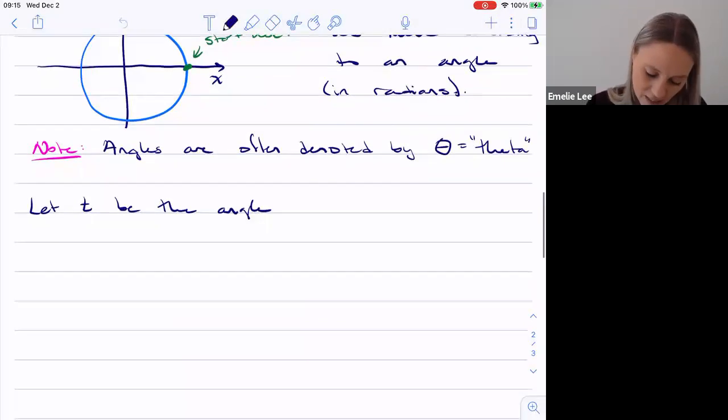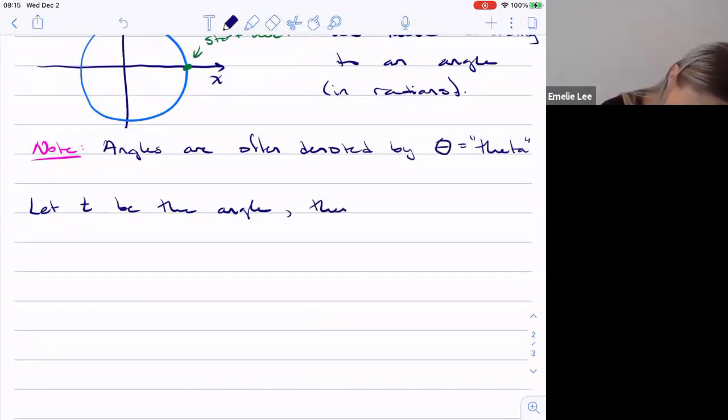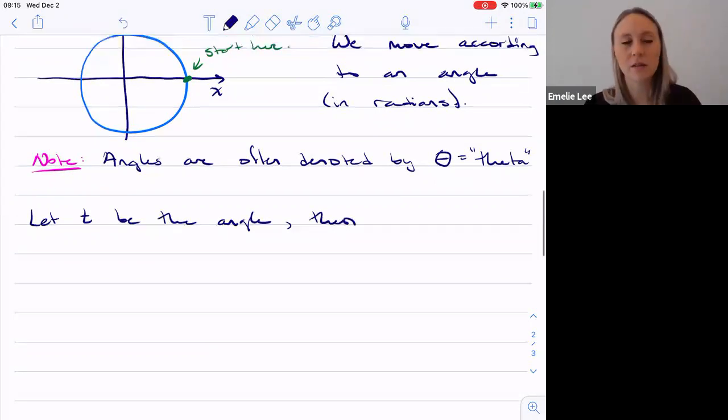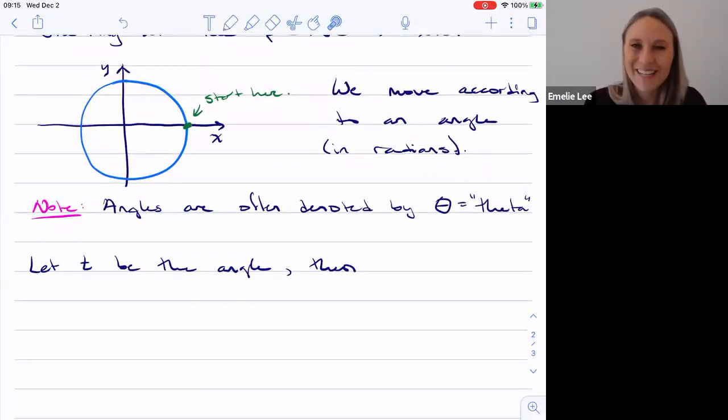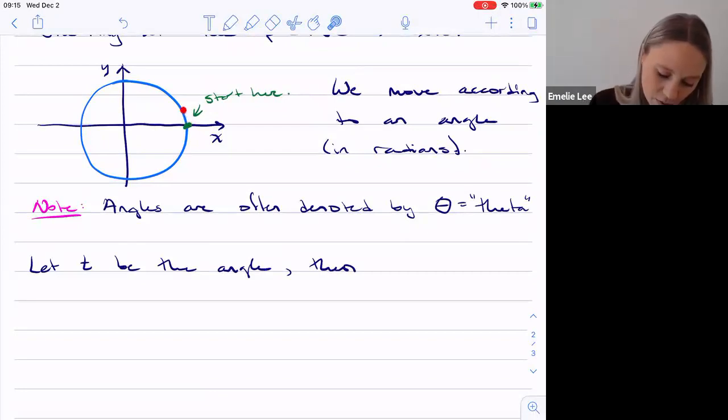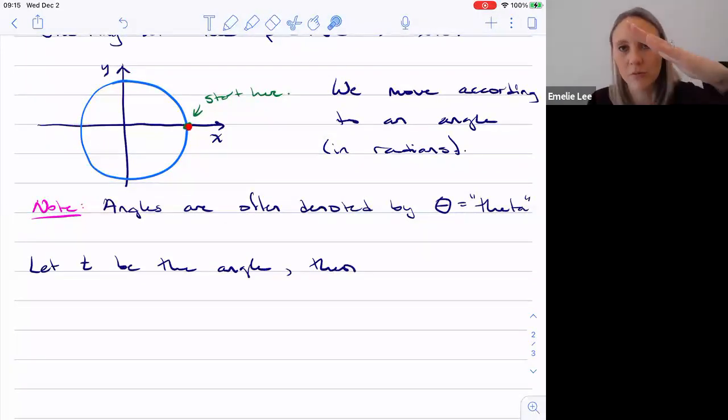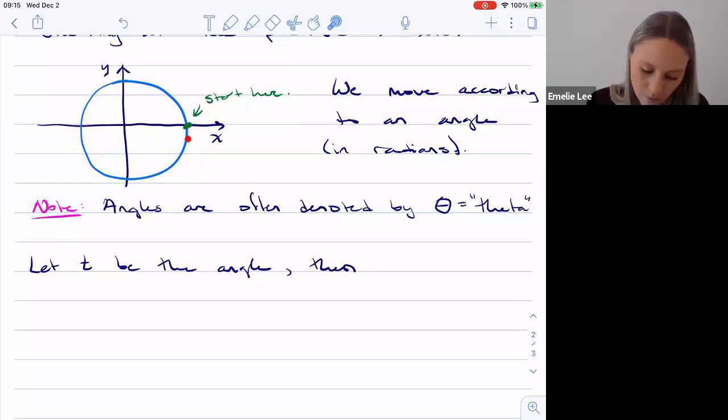So if we let t be the angle, then a positive angle is going to be moving this way, counterclockwise. Whereas a negative angle is telling you, hey, move clockwise, down from the positive x-axis. So as long as you keep those in mind, you can move clockwise or counterclockwise.